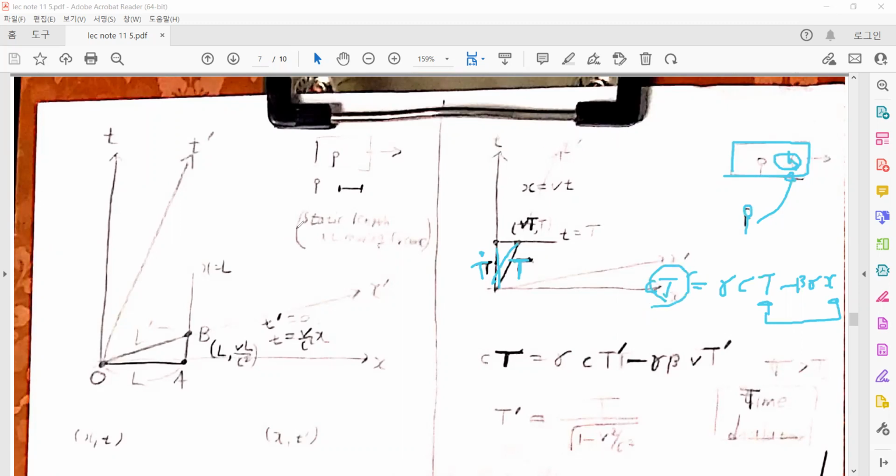So for the length contraction and time relations, R equals gamma R prime, and gamma is greater than 1, so the observed distance will be contracted. And t prime equals gamma t, so the observed time will be dilated. So those are the phenomena of special relativity theory.